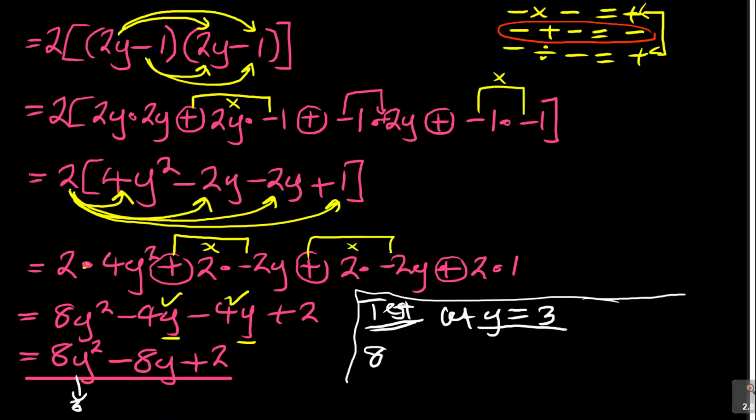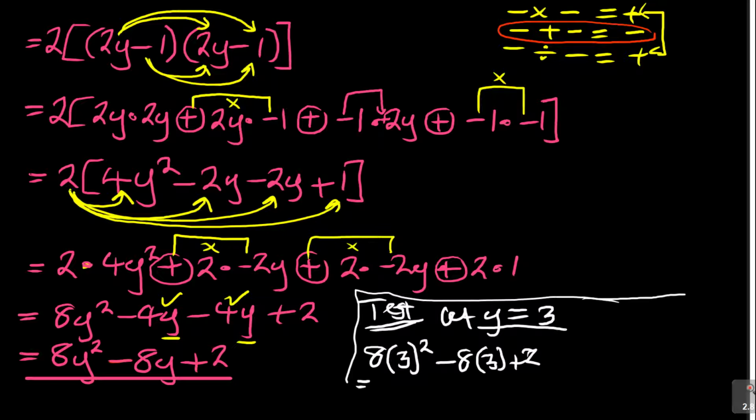It's my own 3; yours can be 5, yours can be 7, anything. You put a bracket, you put 3, squared, minus 8, you put a bracket, you put 3, plus 2.